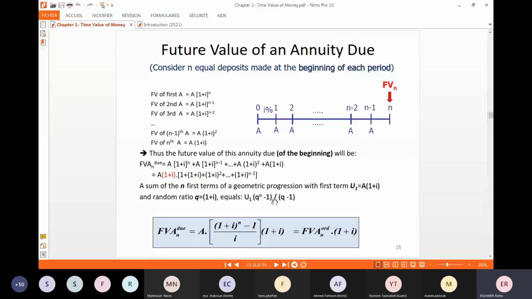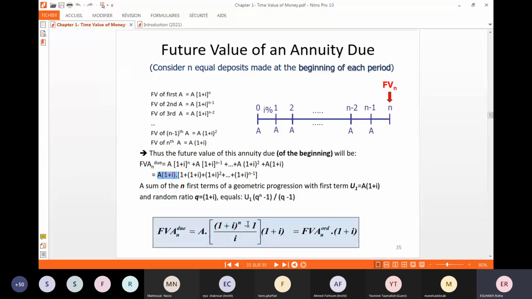The first difference between this example and the previous one is that the first term is now A times 1 plus I, not A only. So we multiply A times 1 plus I times the interest factor of an annuity, and you get the future value of an annuity due.